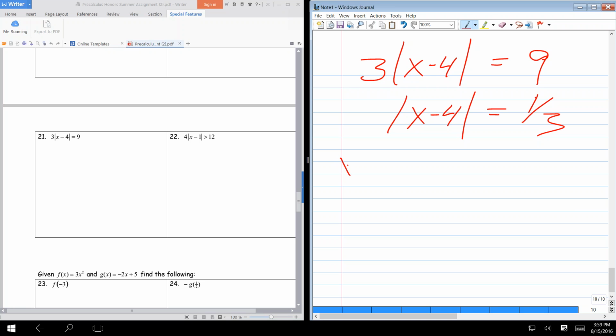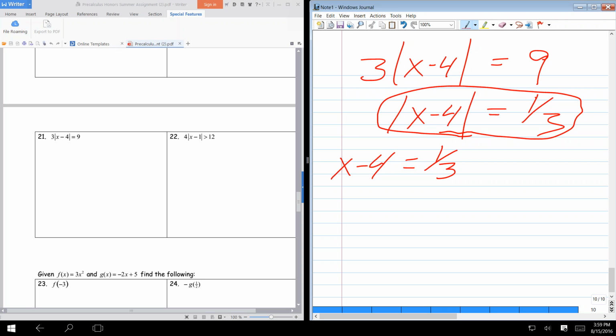Let's do it step by step. X minus 4 equals 1/3. In other words, the very first thing you want to write is exactly what that says, only without the absolute value sign. You see how that's exactly the same, only take away the absolute value sign? That's always what you want to do. The first part is easy as pie.